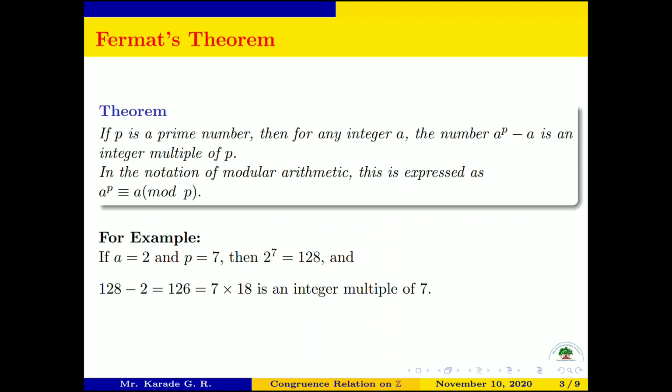This 126 is nothing but 7 times 18, which means the number is divisible by 7.